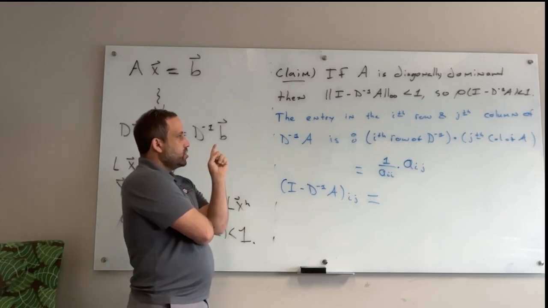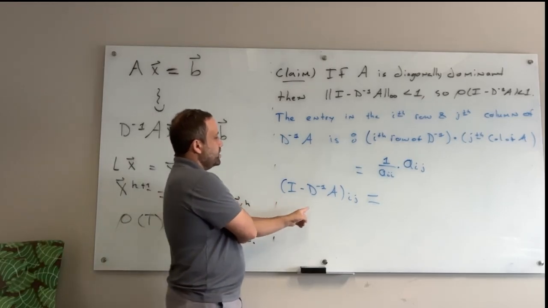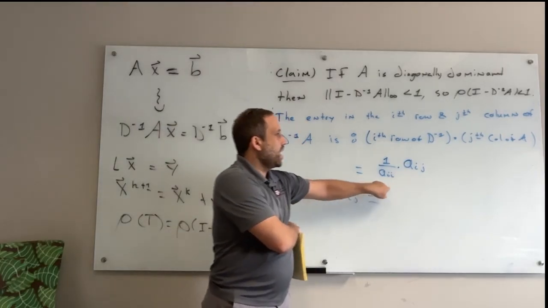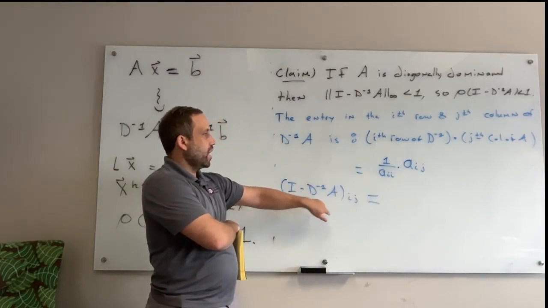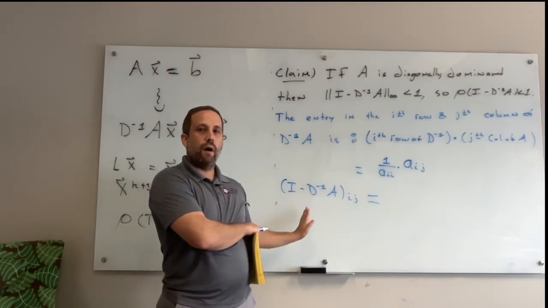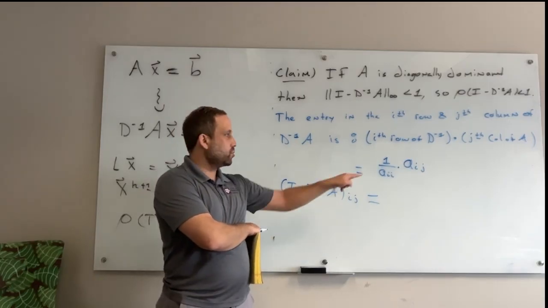So when I do I minus D inverse A, what am I going to get? Well, if I'm off of the diagonal, I is zero there, so I'm just going to have minus D inverse A. If I'm on the diagonal, it's going to be 1 minus whatever I have here.